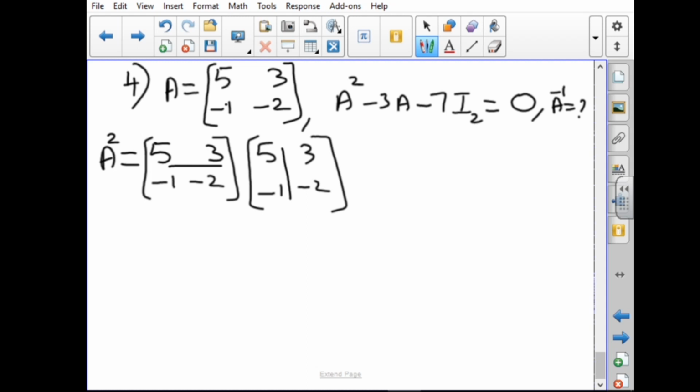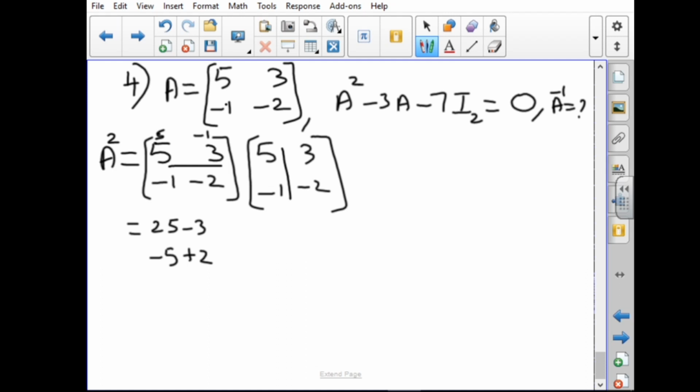So take this column elements and write on the top. With pencil you can write. So it is 5 and minus 1. So 5 5s are 25 and minus 3. And 5 into minus 1, minus 5, minus 1 into minus 2, plus 2.